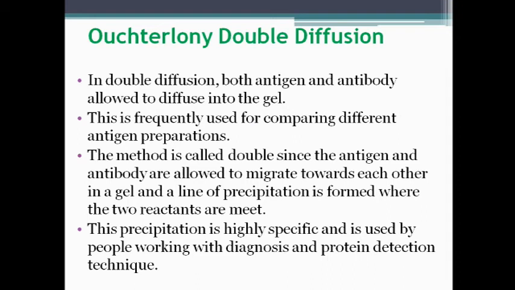It is mainly used for comparing antigens. In two different wells, we can pour two different antigen solutions and compare whether they are related, not related or partially related. This precipitation is highly specific and is used by people working with diagnosis and protein detection techniques.